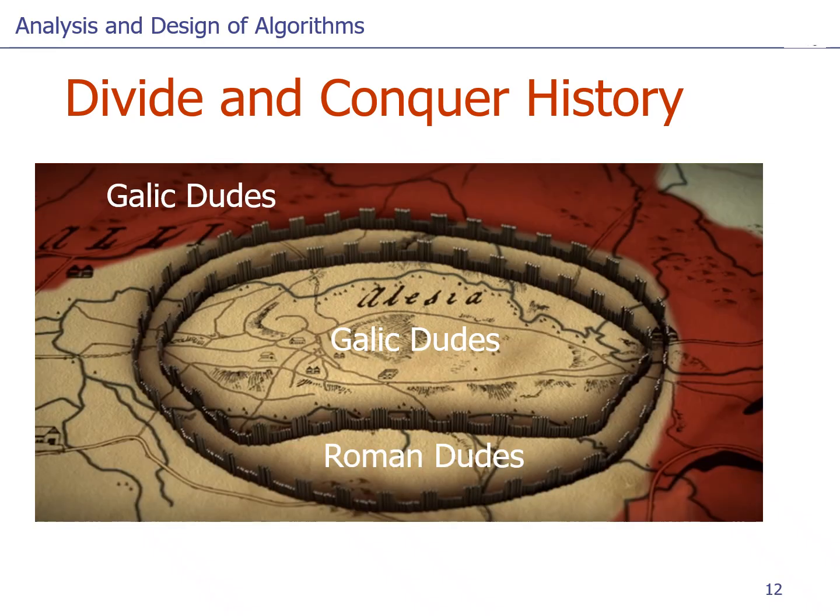So this is actually the moment in history where Julius Caesar shows his ingenuity. He asks his army to build another fence around the Roman army. So the situation now, as shown here in the slides, is that you have the inner fence surrounding the Gallic tribes, and then the Roman army is between the inner and outer fence.